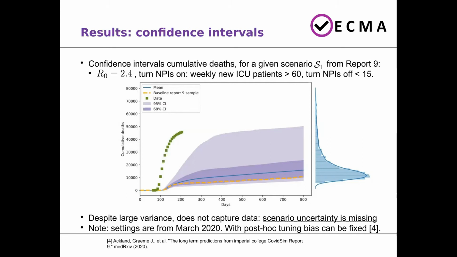And so CovidSim operates based on the weekly number of new ICU patients. And so S1 is defined as when this number of ICU patients exceeds 60, the NPIs are turned on. And then the disease will drop a bit, and when they're below 15, the NPIs are turned off altogether. And that happens over a period of roughly 800 days, so let's say 2 years.